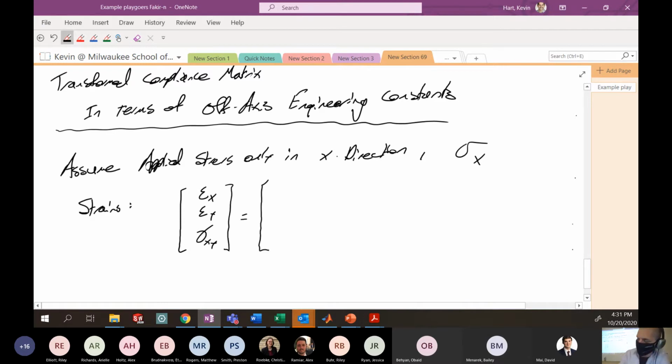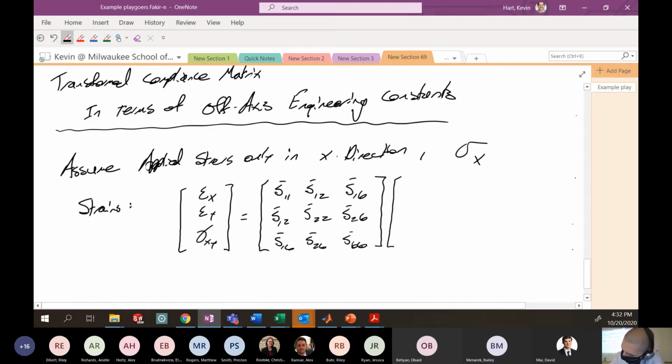We know to include our now S bar matrix. Remember, this is 1, 6 because we contracted. And we're running like a mock tensile experiment in the x direction.